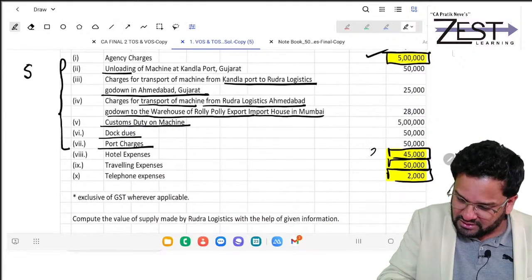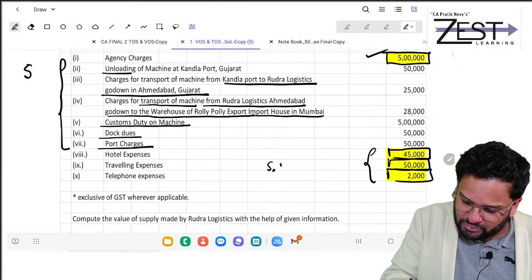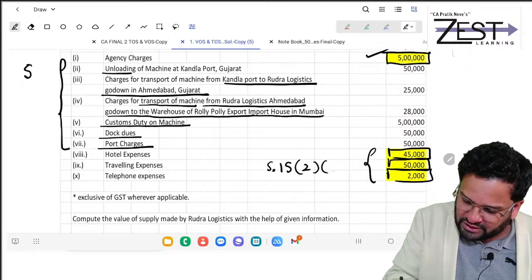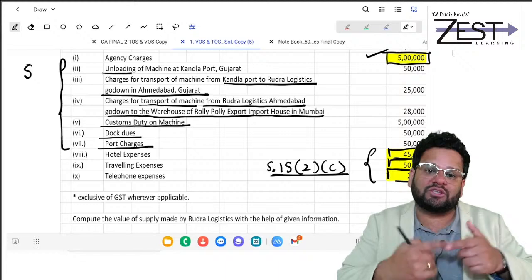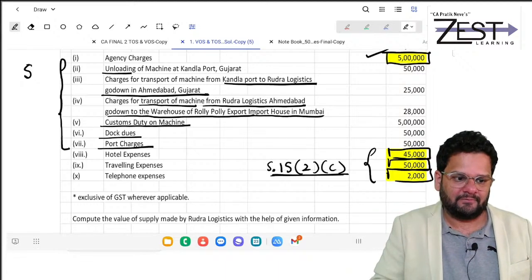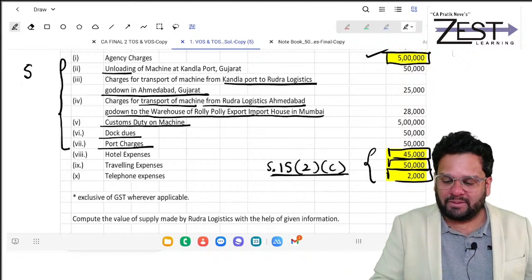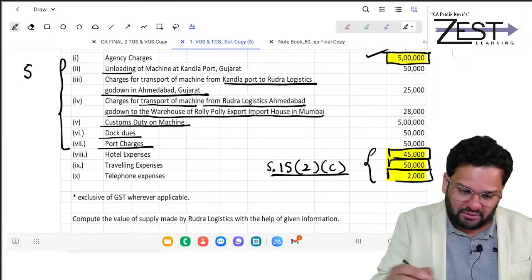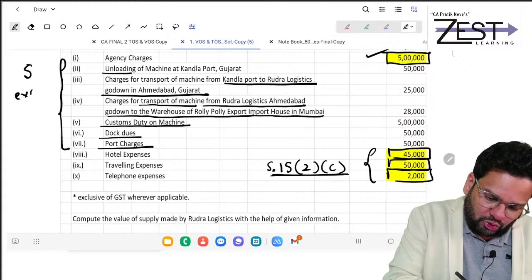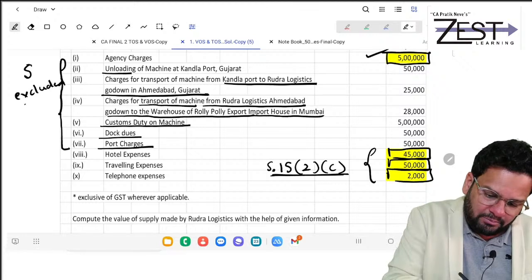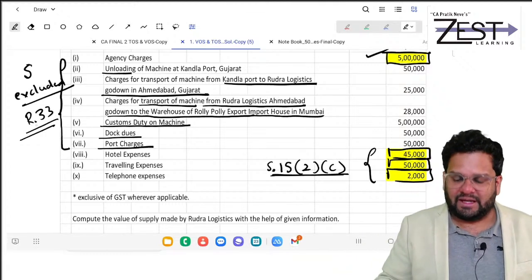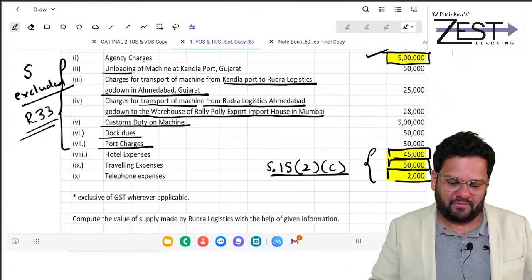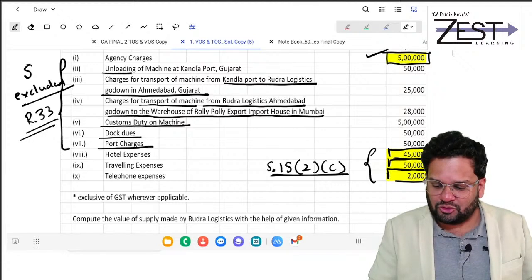So yes, include them. This is to be included as per 15(2)(c), expenses which are incidental to supply. Are you getting my point? But these are to be excluded as pure agent by applying rule 33. Any doubt? And all the figures are exclusive of GST.